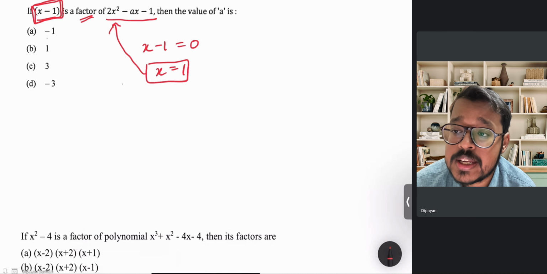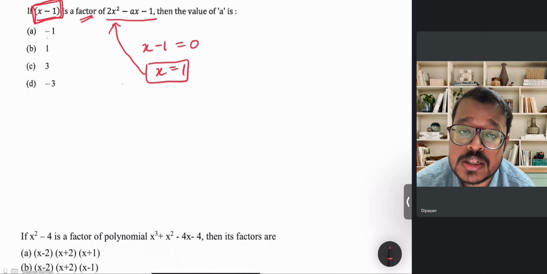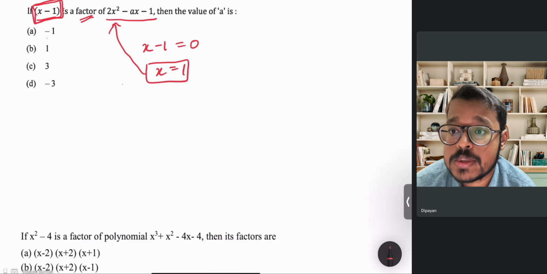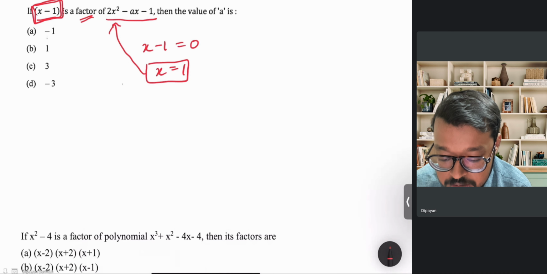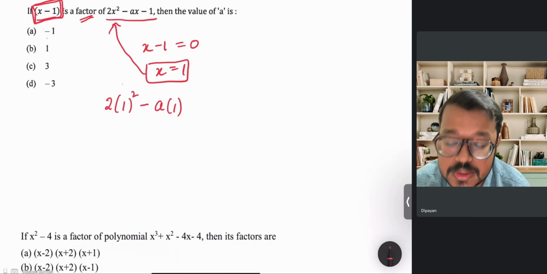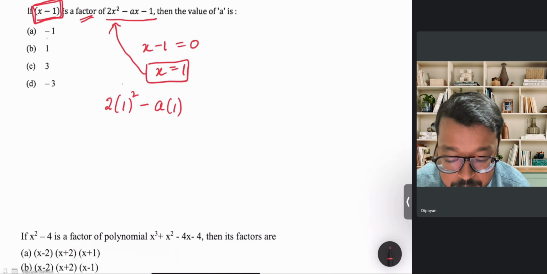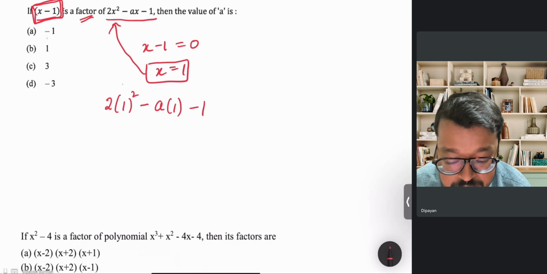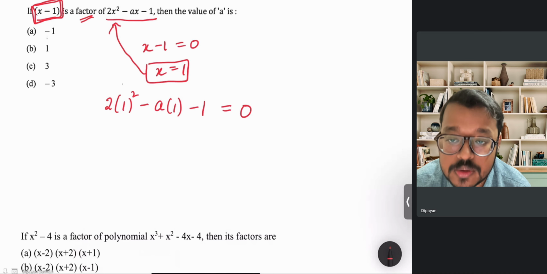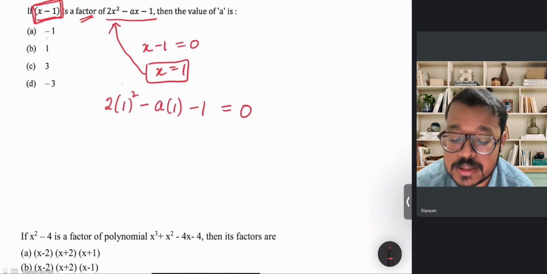And since it's given that x minus 1 is a factor of the dividend, the remainder we are expecting to be 0. So if I substitute x equal to 1 in the dividend, I will get 2 into 1 square minus a into 1, a is the unknown value here, minus 1. This is the value of the dividend, and we are expecting this equals to 0 because remainder we are expecting 0.